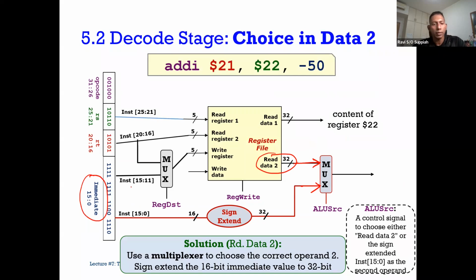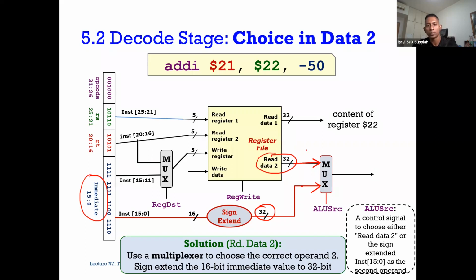The immediate value is a 16-bit value. What the hardware will do is sign extend it to 32 bits. Why 32 bits? Because everything within the processor, all the arithmetic and logical operations, have to be 32 bits. So you will have a hardware block to do the sign extension so that the 16 bits becomes 32 bits. With that, you now have another multiplexer to decide who goes to the next stage.